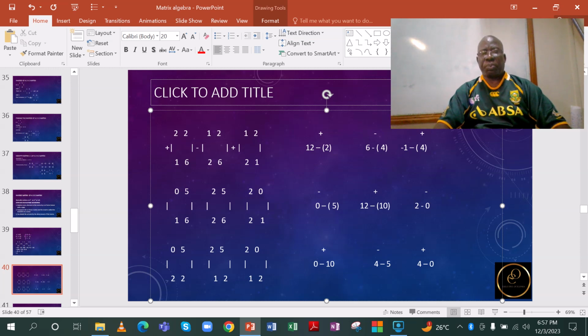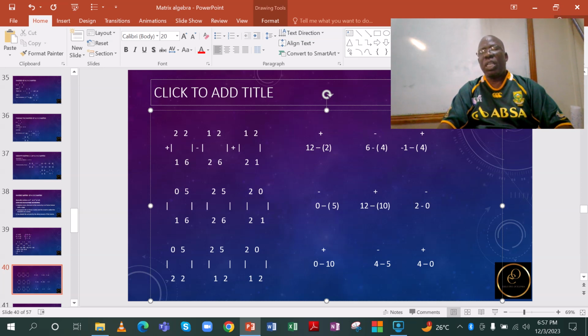So we have calculated the minors, and now we allocate signs. A minor with a sign is a cofactor. The first element is in row 1, column 1, so it takes a positive. This one is in row 1, column 2, it takes a negative.